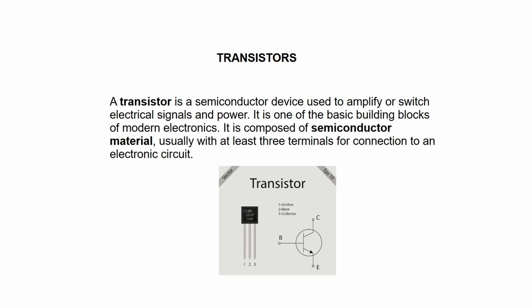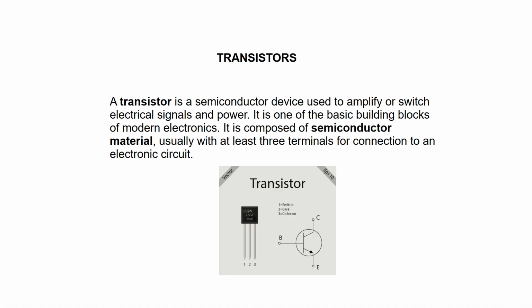But in today's lesson, we're going to look at a special component that is very important in building computers, called a transistor. So this is what we're going to study today, and also touch a bit on logic gates. So what is a transistor?